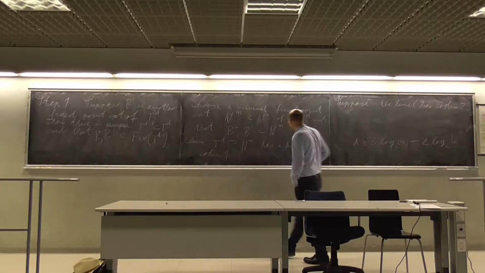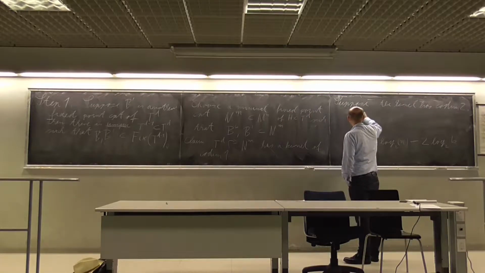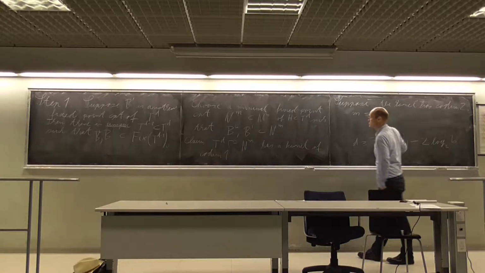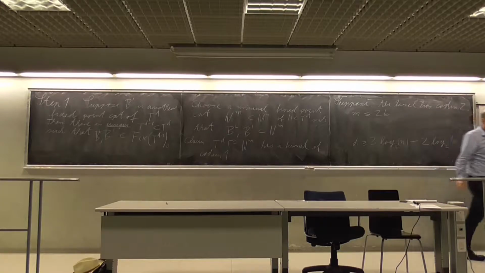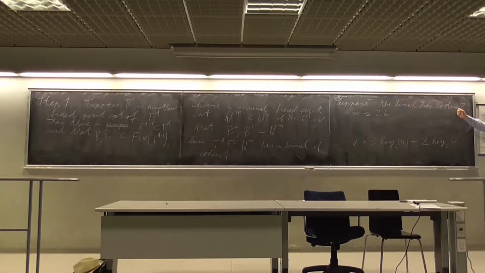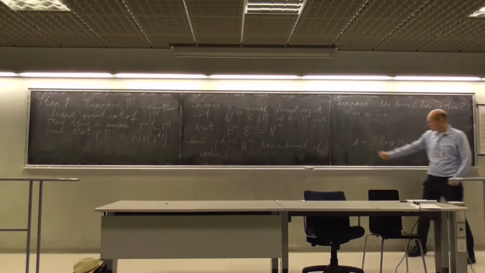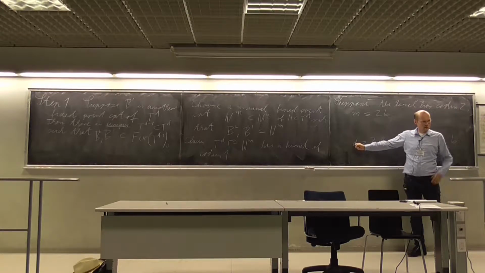I can say then that m is less than 2b. So if the kernel has codimension 2, that means potentially when I choose my torus, this torus was also among them.